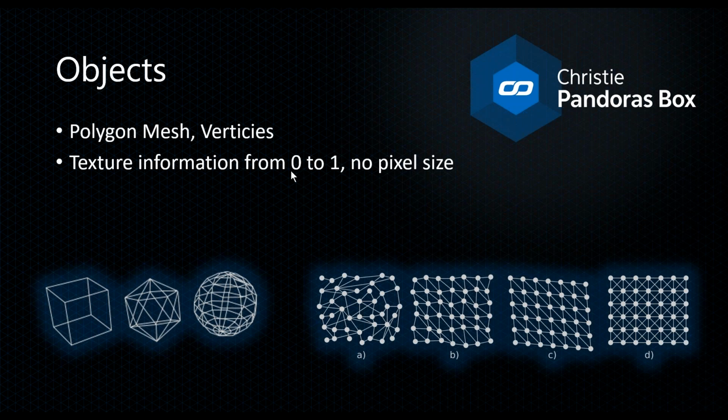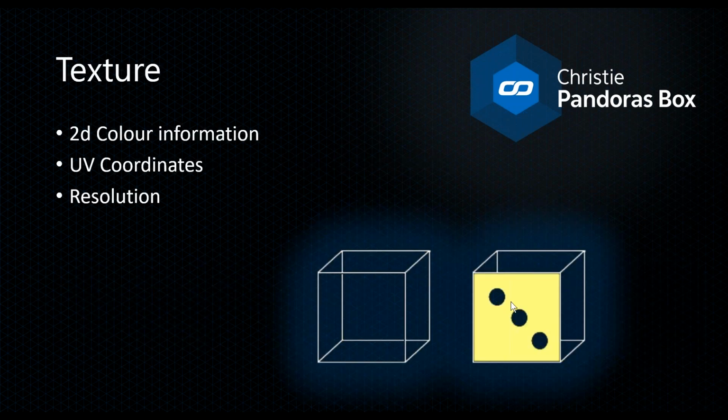The only information the object gives the texture to be mapped on is from 0 to 1. So maybe it's better here. The texture will always be applied on these polygons here. In this example, let's say this is the whole texture.